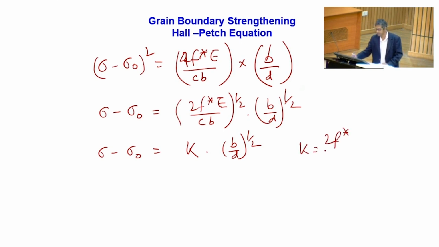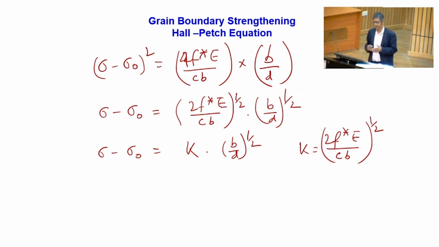Remember, this constant depends on the critical obstacle strength multiplied by elastic modulus divided by B C into B. So that basically depends on a particular material. Obviously, the grain boundary for a particular material will dictate the F star and E also. The Burgers vector is given by the crystalline structure, and C, we have seen what is C. C is a constant which depends on many factors that we have discussed.